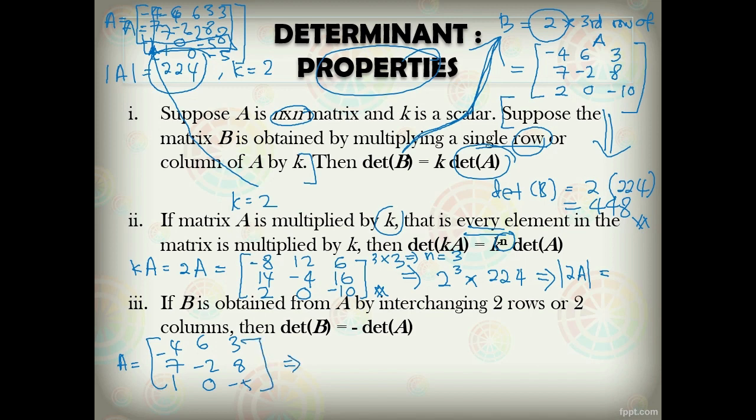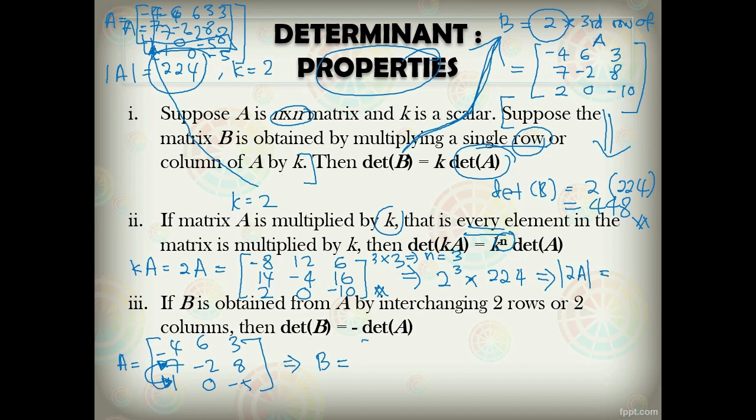Now, I claim that the new matrix B is the interchange of the second row and the third row. So I change the position of these two rows.